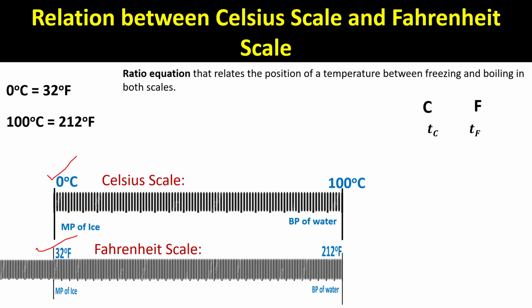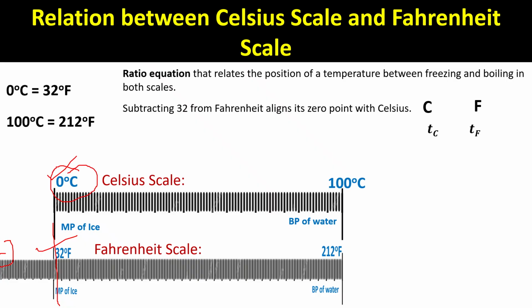Next we relate the Celsius scale and Fahrenheit scale by subtracting 32 from the Fahrenheit, which aligns its 0 point with the Celsius scale.